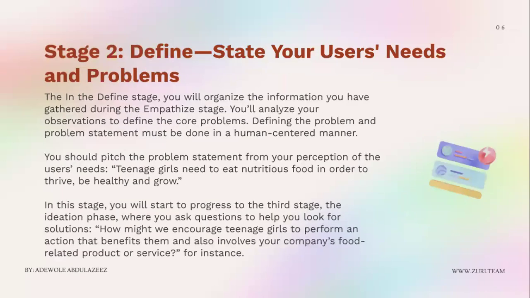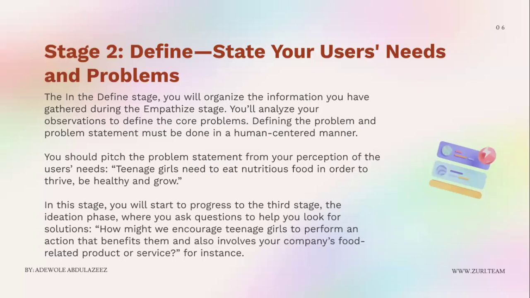Then the second stage is define, state your users' needs and problems. Sorry, mistake here. In the define stage, you will organize the information you have gathered during the empathize stage. You analyze the observations to define the core problems. Defining the problem and problem statements must be done in a human-centered manner.